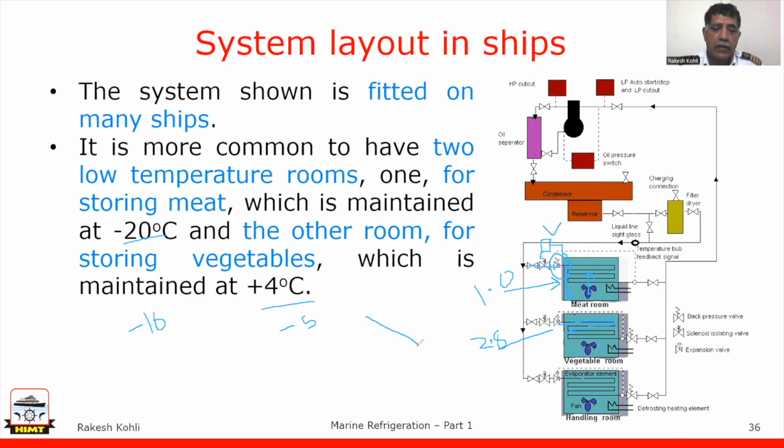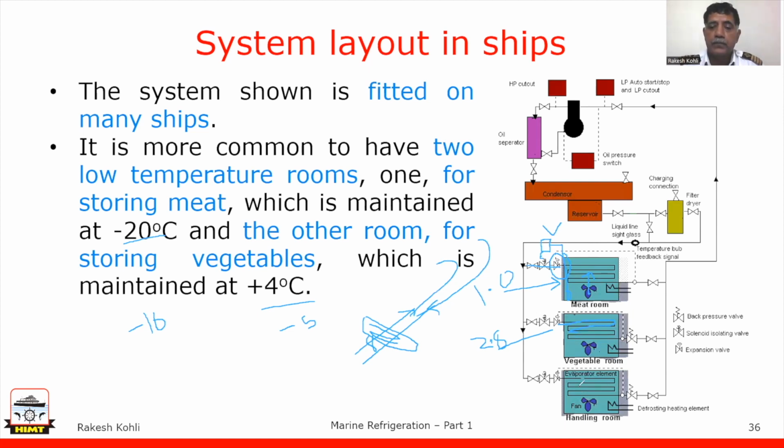You have a coil, and behind the coil a fan will be running and throwing the air into the room. So these coils will have a very low temperature liquid plus vapor. So the cooled air will be circulating through the area or the room which is getting cooled.